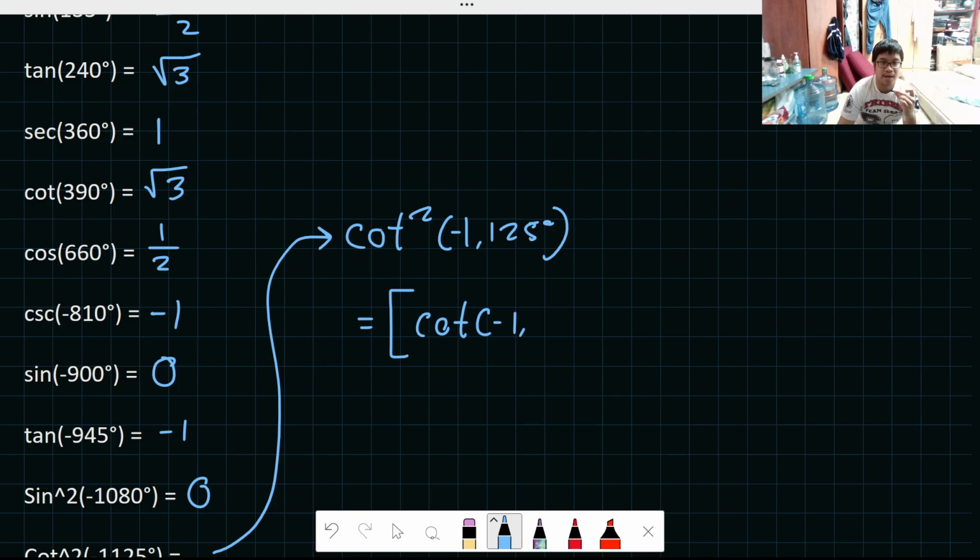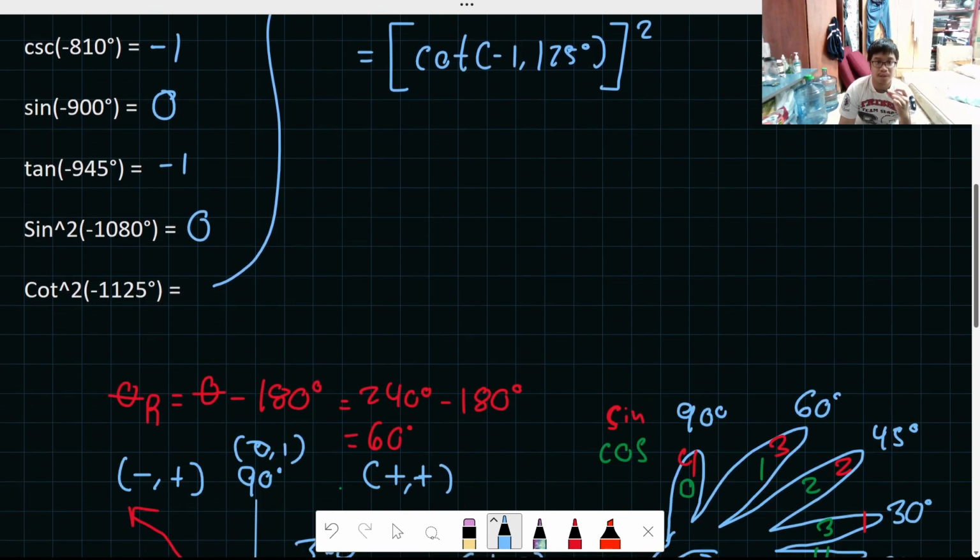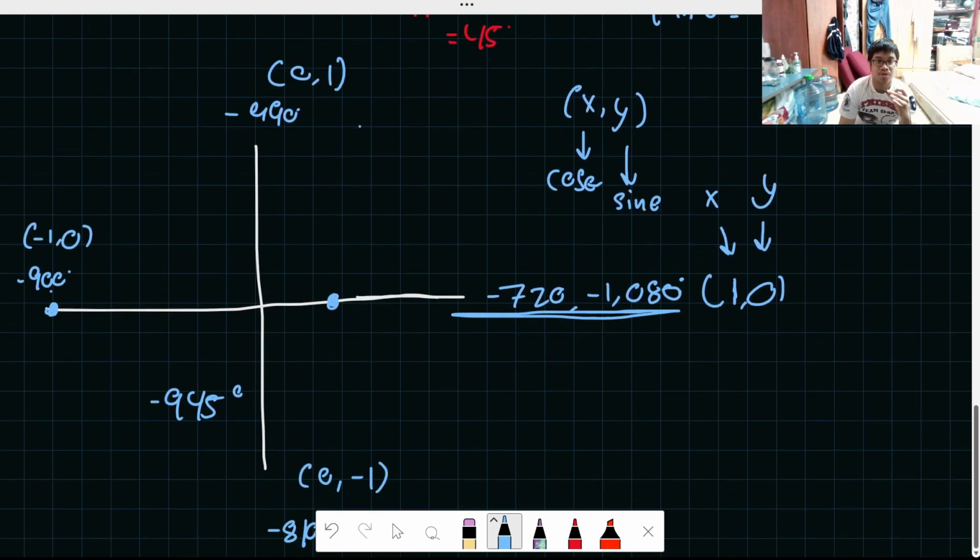So now we're going to get the value of cotangent of negative 1,125 degrees. Where is negative 1,125 degrees? It's up to you how you locate this one. For me, I would just draw it here.